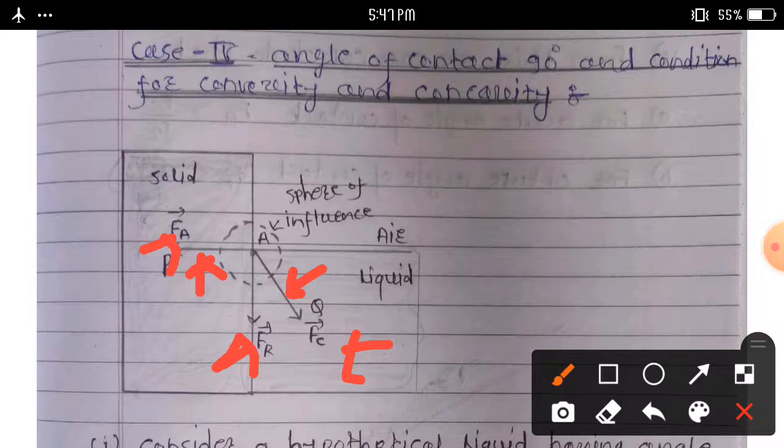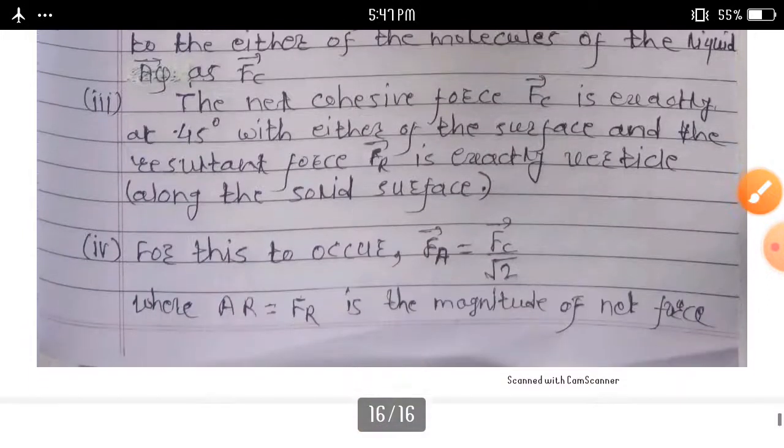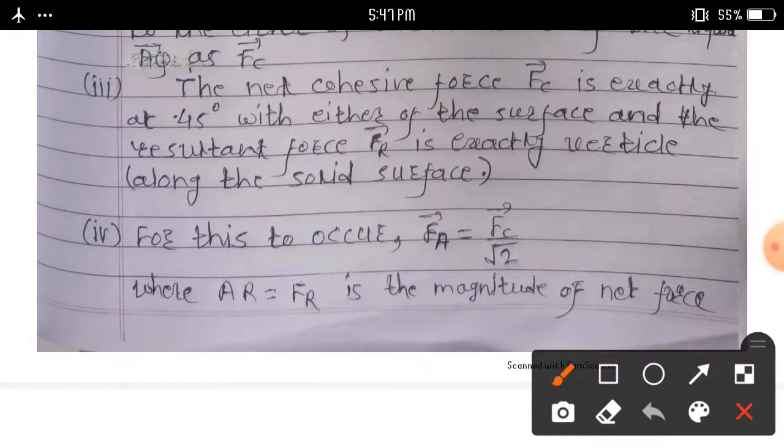For this to occur, F suffix A is equal to F suffix C upon square root of 2, where F suffix R is the magnitude of the net force.